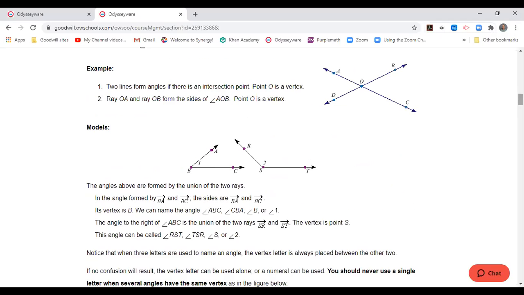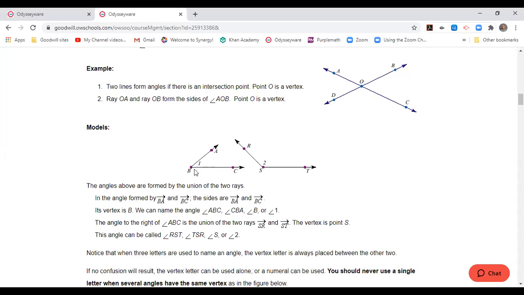Part of what they're doing in this next example is helping you know how to describe these angles. And just like a lot of things in geometry, it's very specific. The letter where the vertex of the angle is always has to be in the middle of your description. For instance, this angle right here, you can either call angle 1 or you can call it angle ABC or CBA.